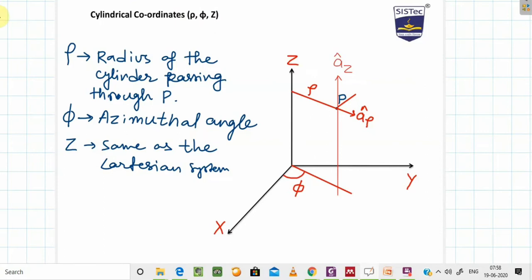And let's say this is the unit vector a phi. Now we can see here we have created three coordinates, and all are mutually perpendicular to each other. You can see here it is perpendicular, and here also it is perpendicular.